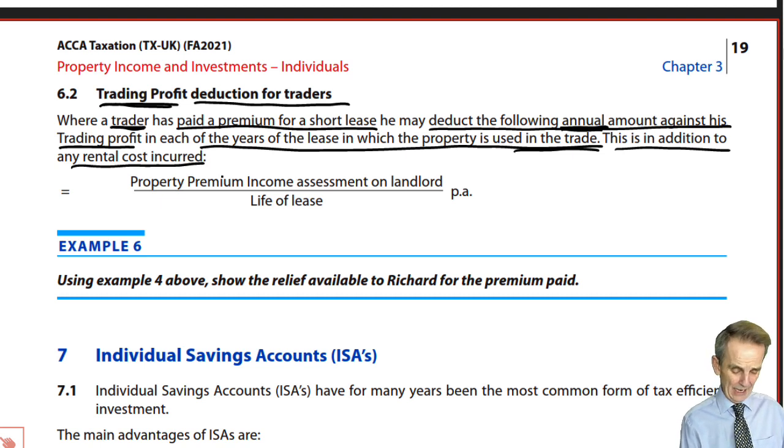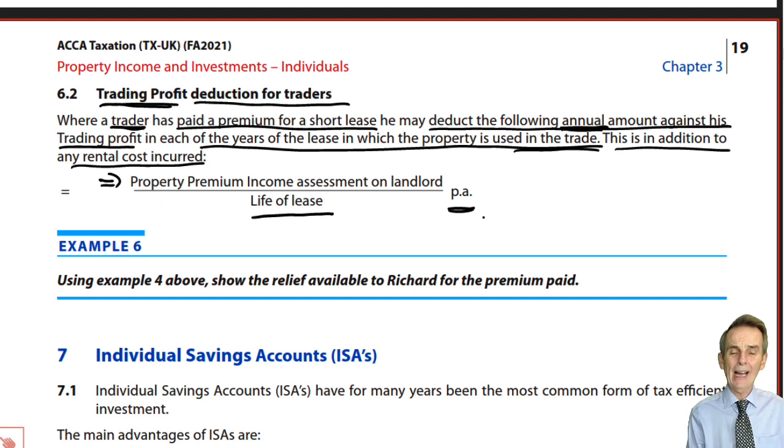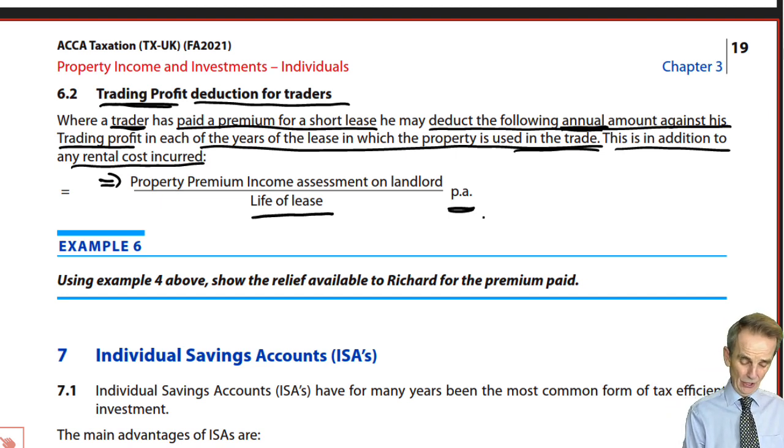What we do now is pick up on the top line our property premium income assessment. Whatever amount of the premium received we have classified as income is then divided by the number of years of the life of the lease, and that gives us our annual deduction, available in each of those years.